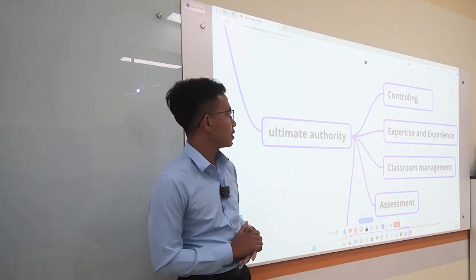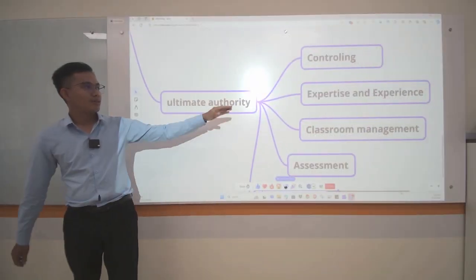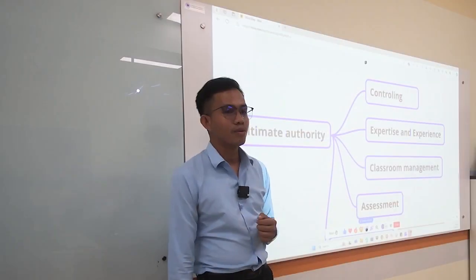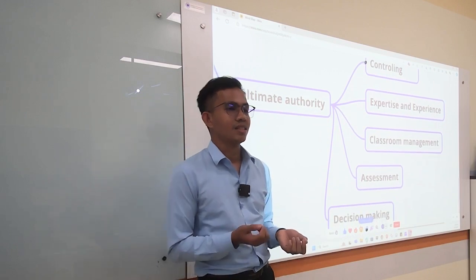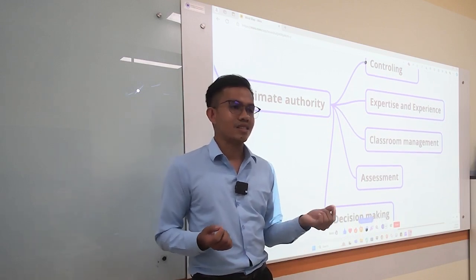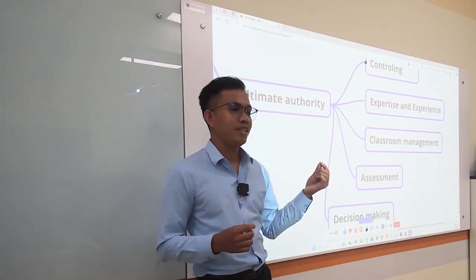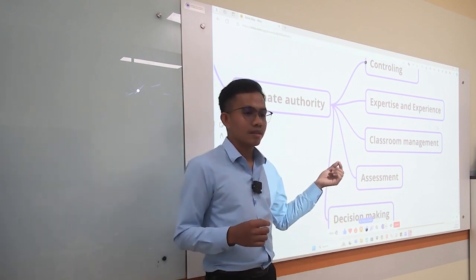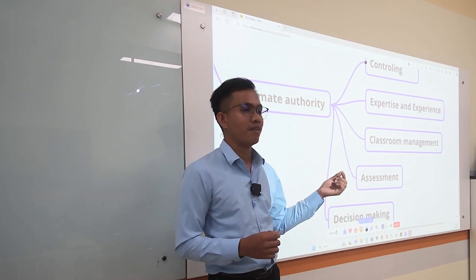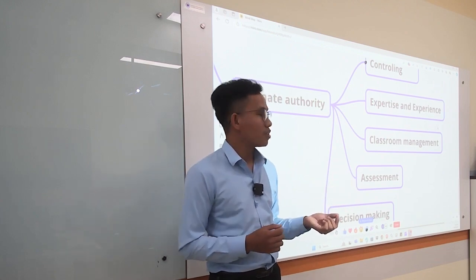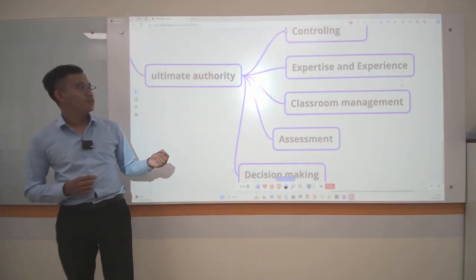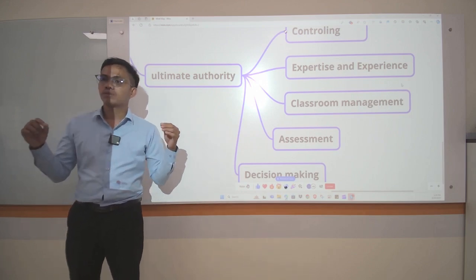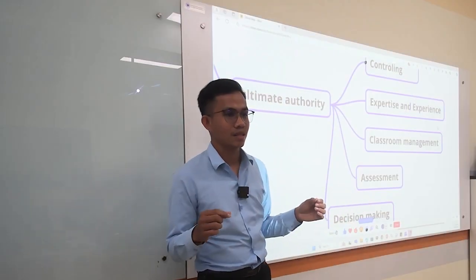And the next one is about expertise and experience. The teacher is an expert, right? He or she is an expert, and he or she also has a lot of experience. That's why they need to use their authority to manage the students.